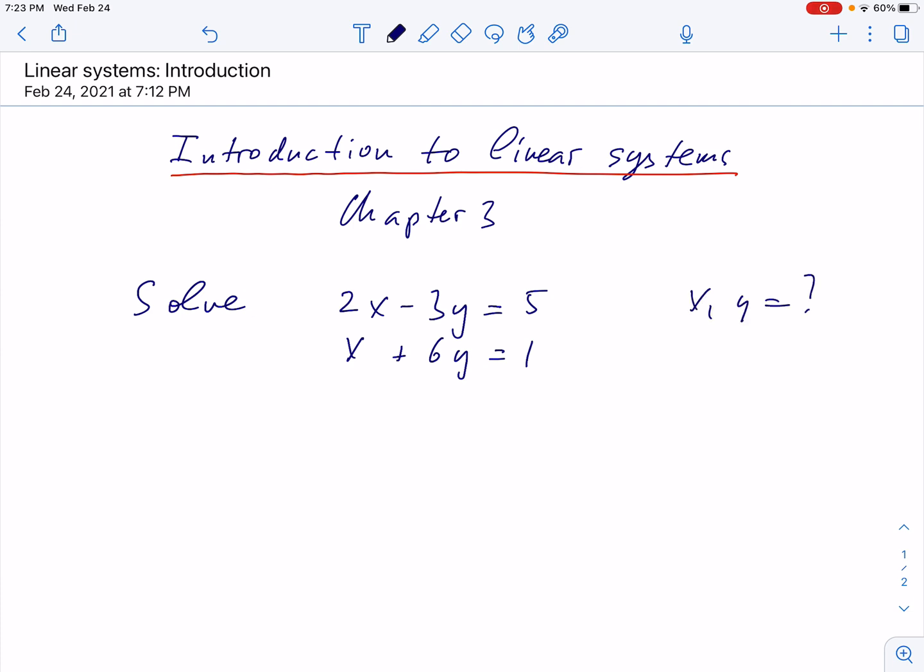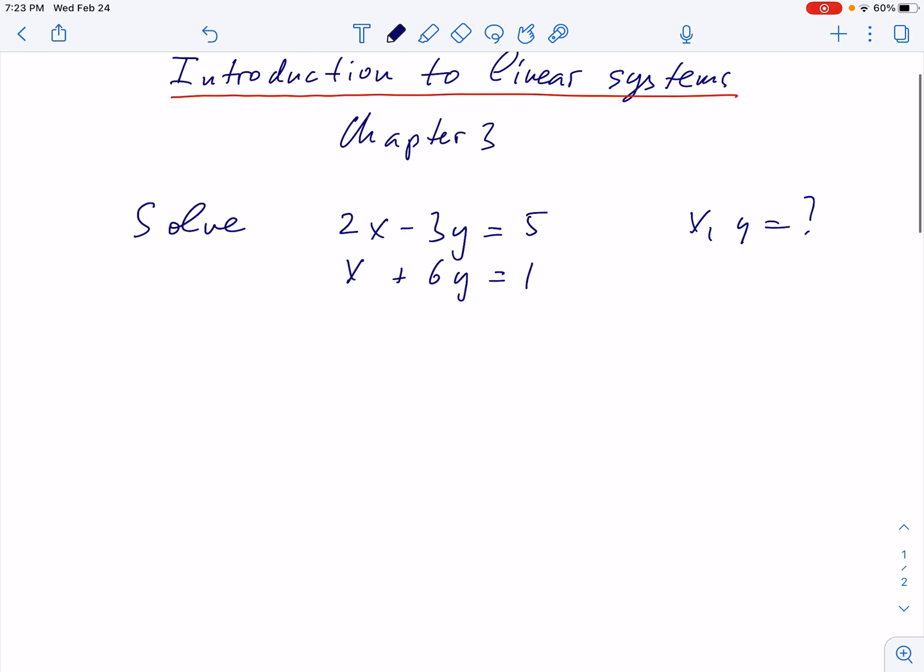and two simultaneous equations. There are two methods to solve such systems: by substitution and by elimination. We shall work with elimination most of the time, but let me remind you how substitution works. Here, because we have two unknowns, I can express one of them in terms of the other and bring it to an equation with one unknown.